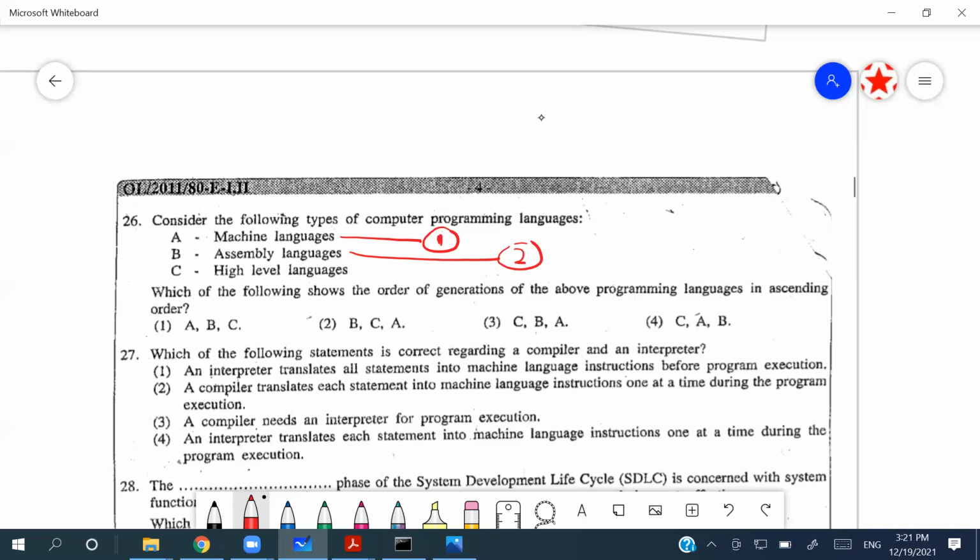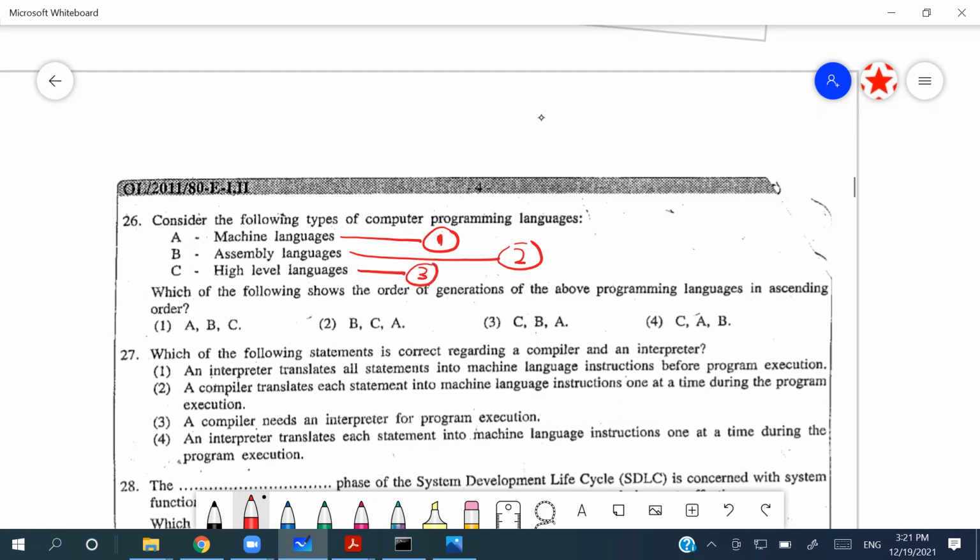So machine language, assembly language, then all other things are high-level languages. Machine and assembly are not considered high-level languages, so we know them as low-level languages. High-level languages came last.